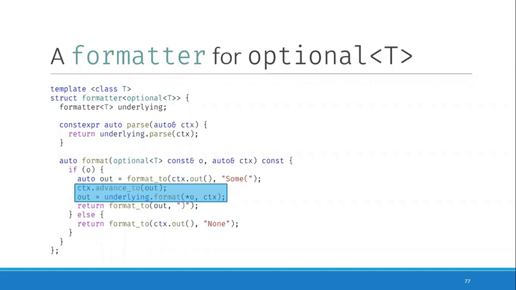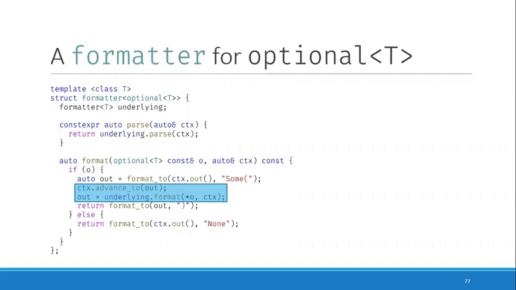Because on the first line I wrote something into the output iterator, but the context doesn't know that I wrote those bytes through that output iterator. So if the output iterator is something that has state, like char star, the context needs to know about it, so that when I format the underlying type, I'm not just overwriting the bytes I just wrote.